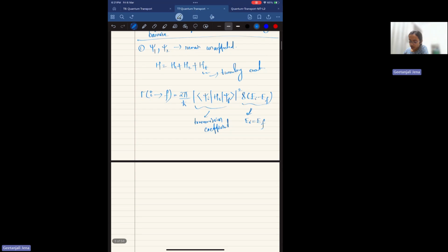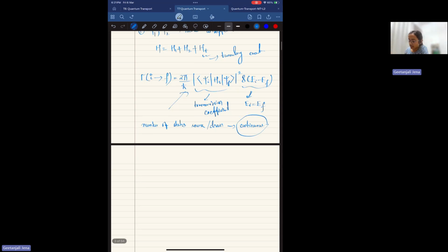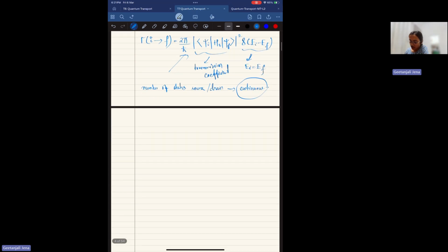So now consider the density of states on the source and the drain side. If they are continuous, so they are separated by energy which is much smaller, then we can replace this discrete formula by an integration.